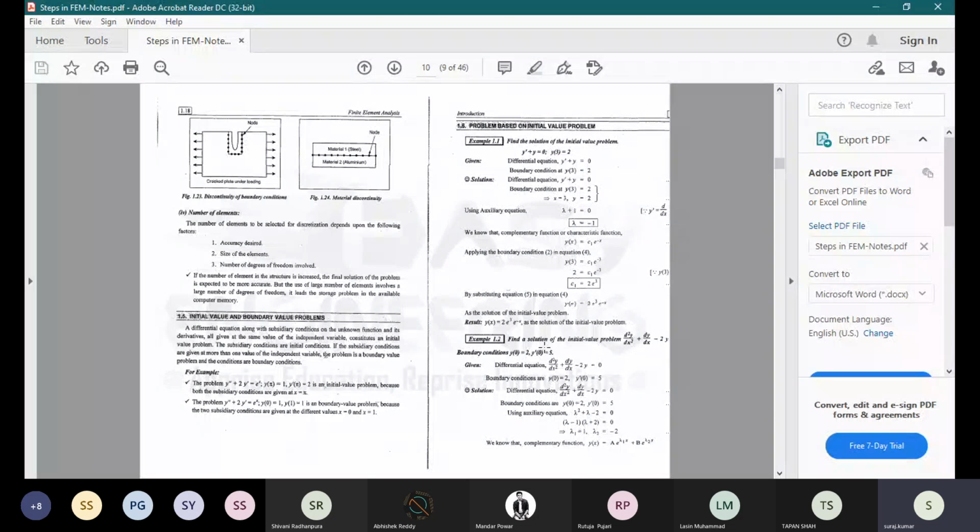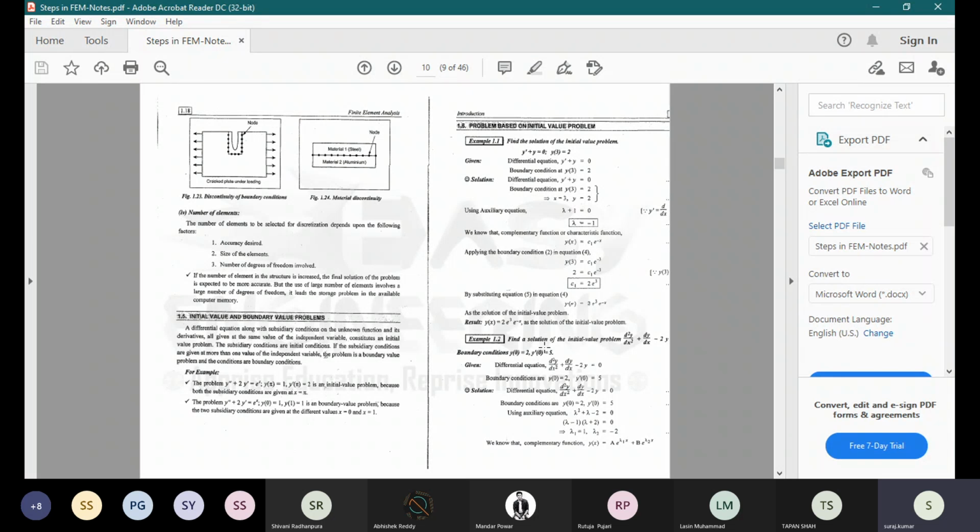So as we came to know, when we are given some conditions, the conditions may be initial value, that means the value of the dependent variable y and its successive derivatives are given at a specific point, or it may happen that we are provided with the value of the dependent variable at different values of the known variable.